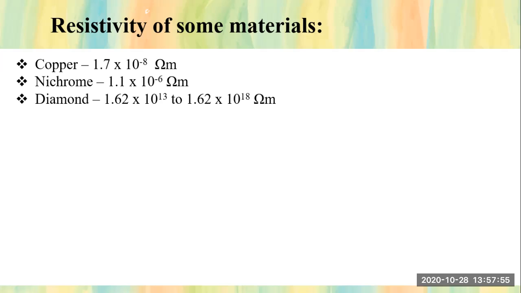Now see the resistivity of some other materials. I have told you, as the material varies, its resistivity varies. If the material is made up of copper, its resistivity will be 1.7 into 10 raised to minus 8 Ohm meter. If the material of a conductor is nichrome, its resistivity is 1.1 into 10 raised to minus 6 Ohm meter.